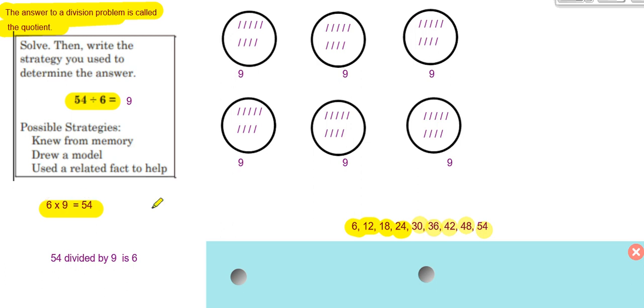Or it also means 54 divided by 6 equals 9.